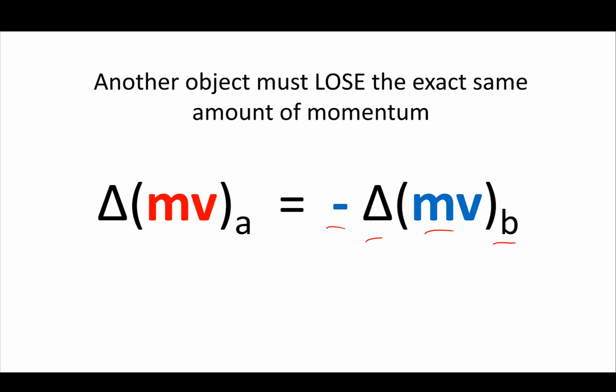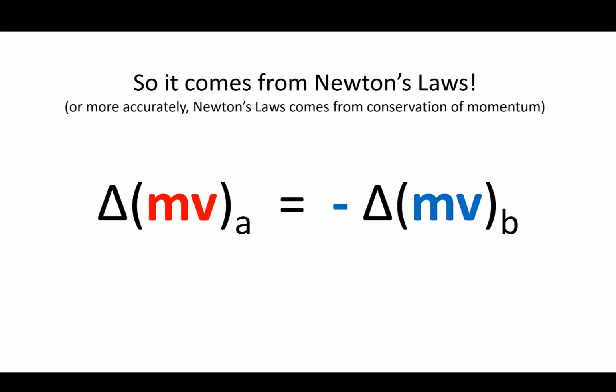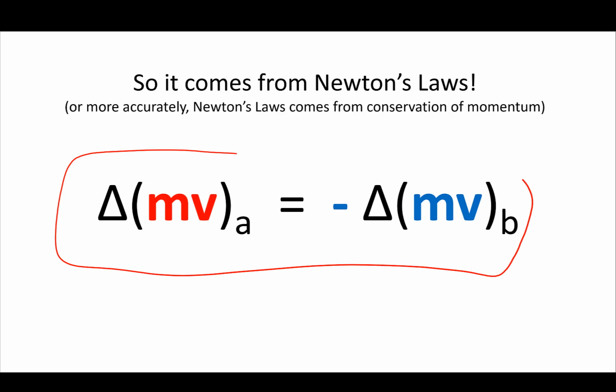So the other object must lose the same amount, which means that the combined amount doesn't change, because if this goes up by 5 and this goes down by 5, then if you add them together, they'll be the same number. So the momentum actually comes from Newton's laws, which is why maybe it seems familiar. Or more accurately, Newton's laws comes from the conservation of momentum. So that's where it comes from. That's how you use it. I hope this is helpful.